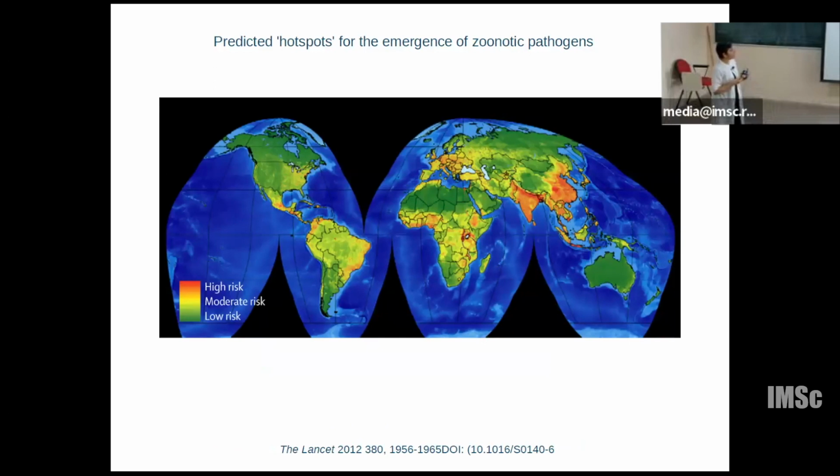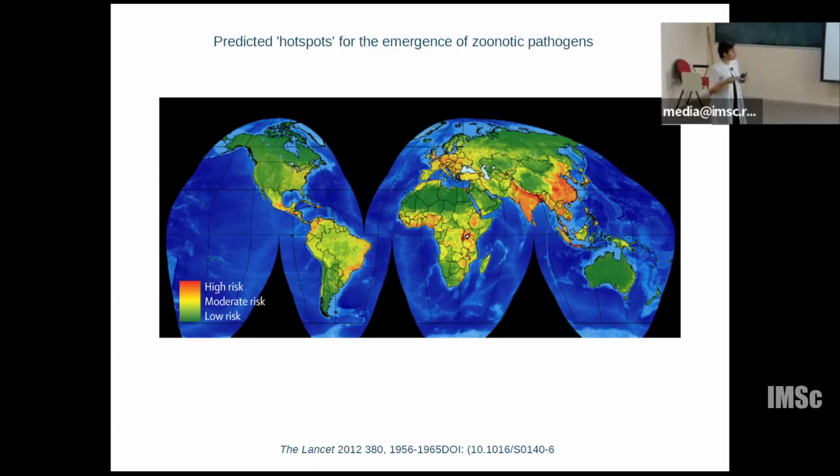And what we know about infections, particularly of a certain type called zoonotic infections that humans get from wildlife, we have some idea of the kind of risks that different regions of the world have for these kinds of events. And these are based on things like population density, wildlife diversity, the contact between human beings and wildlife, and so on.